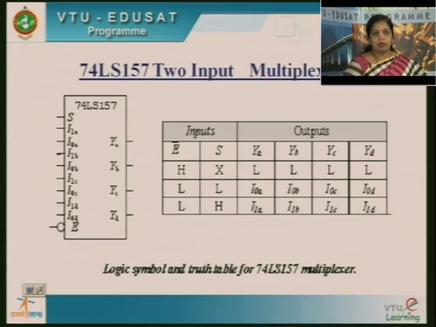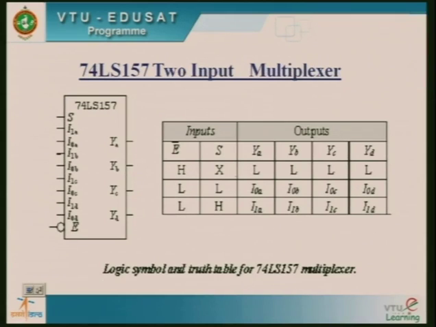So this is one IC. We will get IC 74LS157, which is a 2 input multiplexer. Once again you can just see over here we have multiple inputs with 2 sets of combinations, I0A, I1A, I1B, I0B.